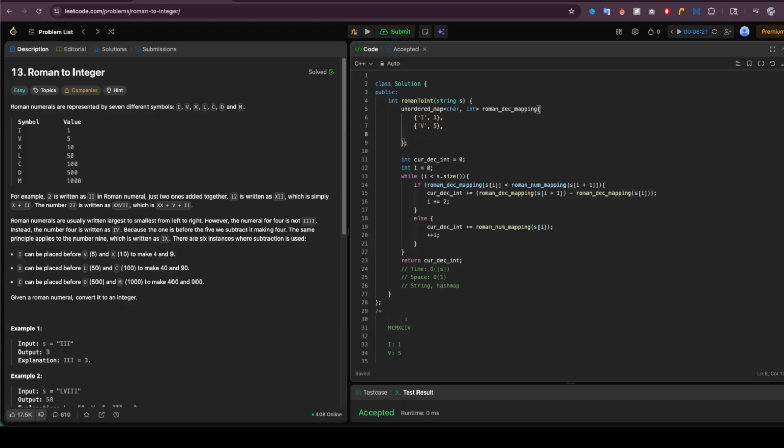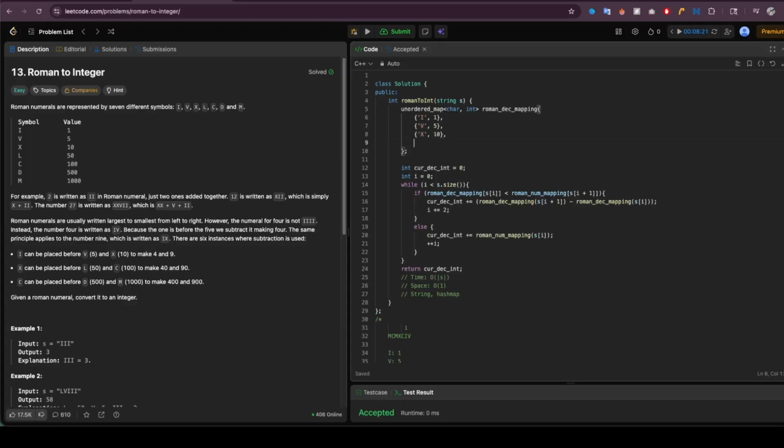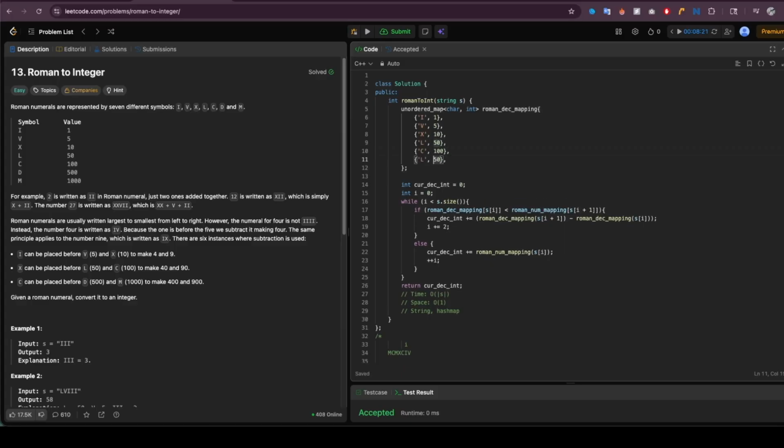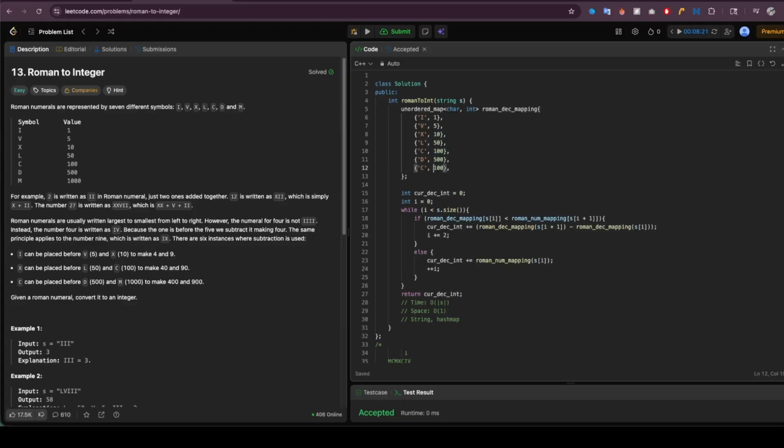We need to finish this table as well. X is 10. Sorry, I'm not familiar with these Roman numerals. So this one is, C is 100 and D is 500. Finally, M is equal to 1000.